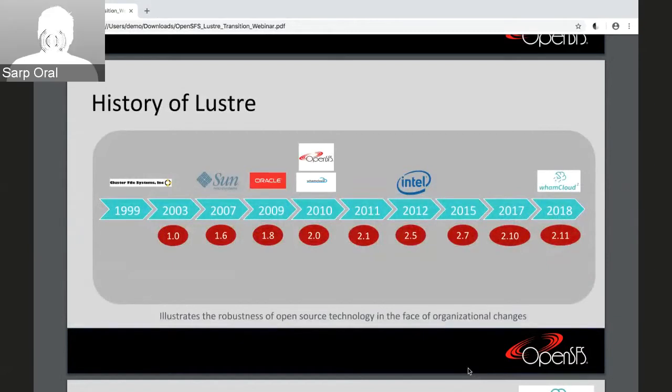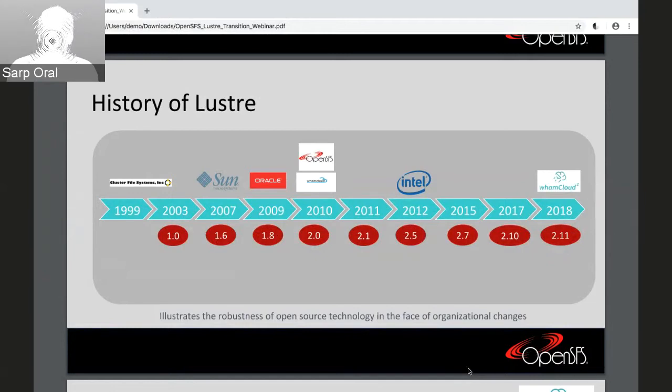So this is a brief history of Lustre and what has happened. As you can see, we have come a long way since the early 2000s when Lustre was developed under Cluster File Systems, or CFS in short. Lustre has been undergoing transitions over time, from CFS to Sun, Sun to Oracle.